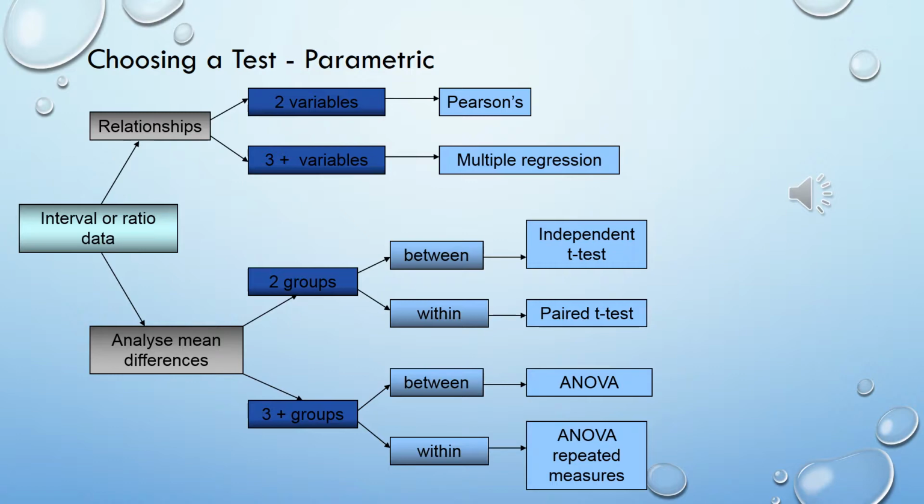Non-parametric, we use nominal or ordinal data, so you can now see why it's important we understand what data we're collecting. It makes no assumptions about the normality of data, and these tests can be used if data is not normally distributed. So if it isn't normally distributed, we can then use non-parametric testing.